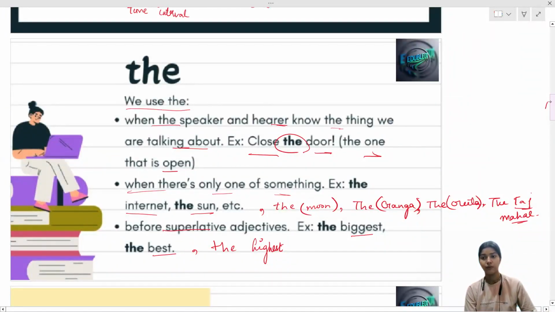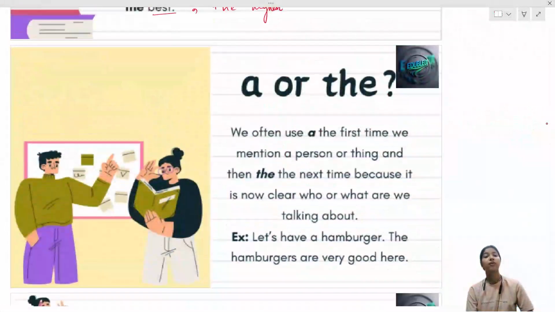Okay. Now let's learn about where we should use a or where we should use the. So we often use a the first time we mention a person or thing, and then the the next time, because it's now clear who or what we are talking about.